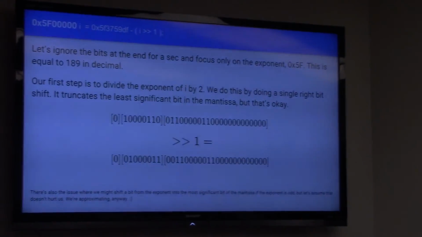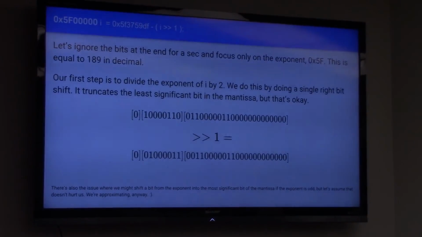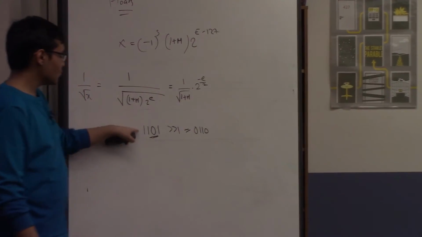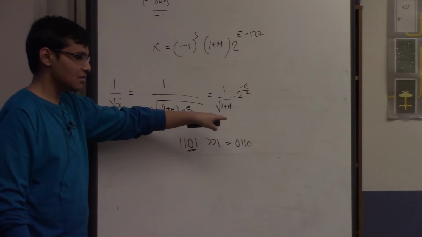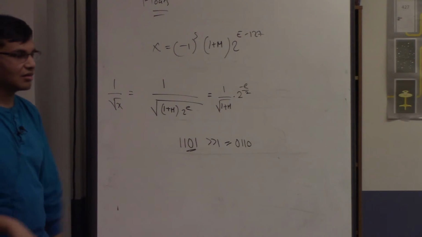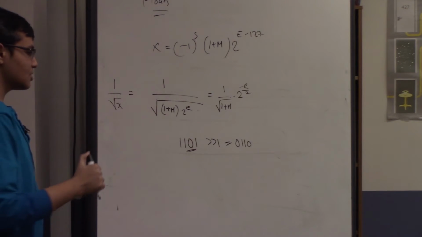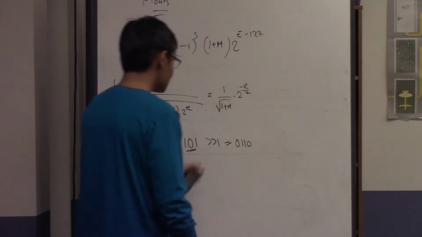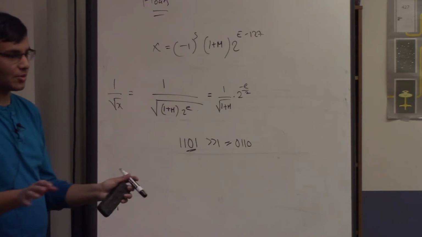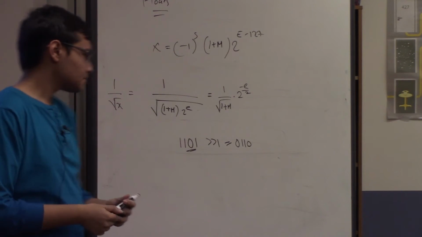If I do a right shift by 1, all I'm really doing is moving every single bit to the right once, and this last bit just dies. We kill the last bit. So essentially it's just dividing the number by 2. That's all a right shift is.